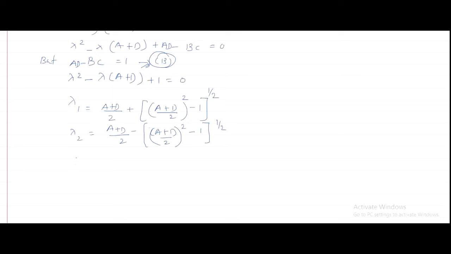And if you write cos theta equals (A plus D) by 2, then we can write lambda 1 equals cos theta plus i sin theta, which is equal to e raised to i theta, and lambda 2 equals cos theta minus i sin theta, which is equal to e raised to minus i theta.